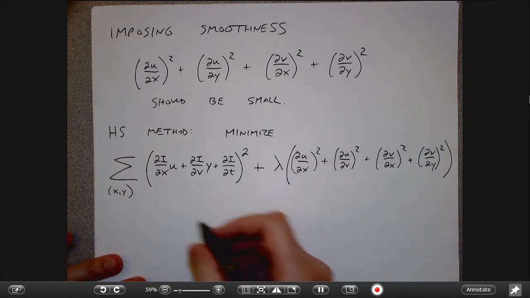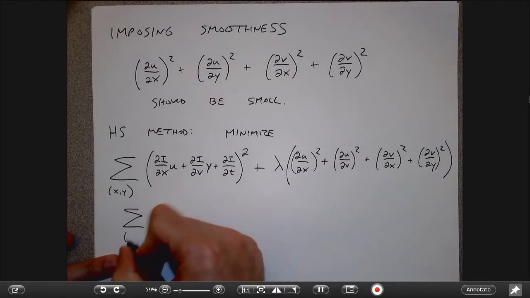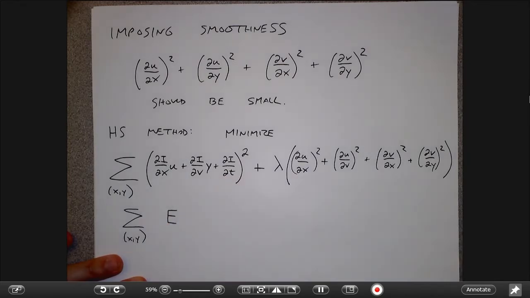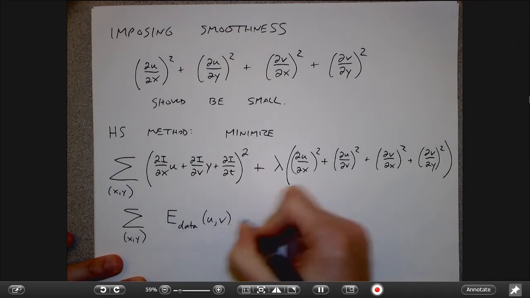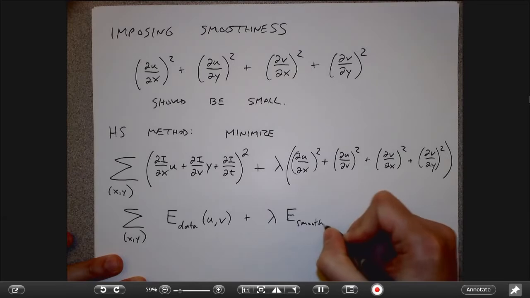So one way to think about this is that I want to minimize something that depends on the data and something that depends on the smoothness.